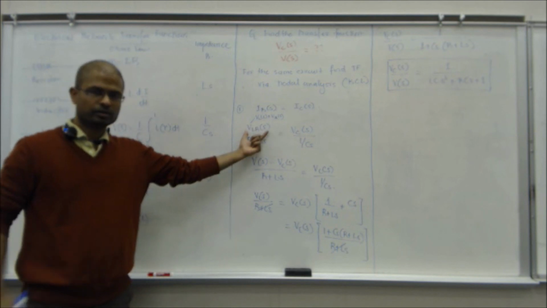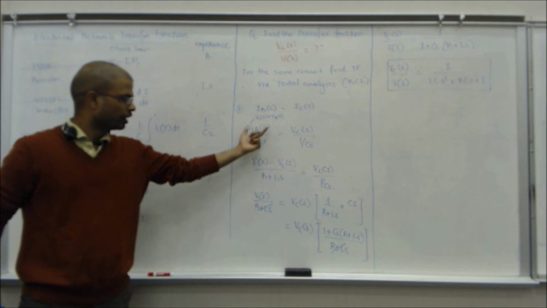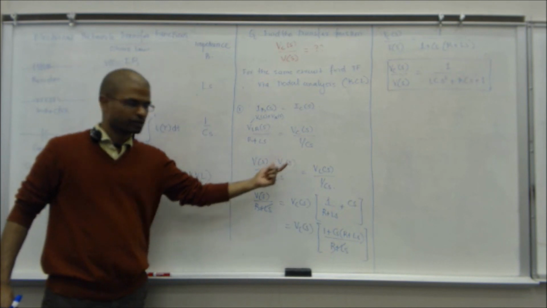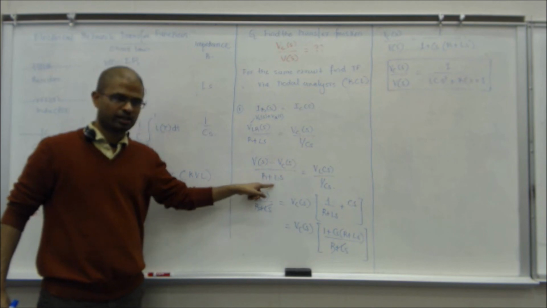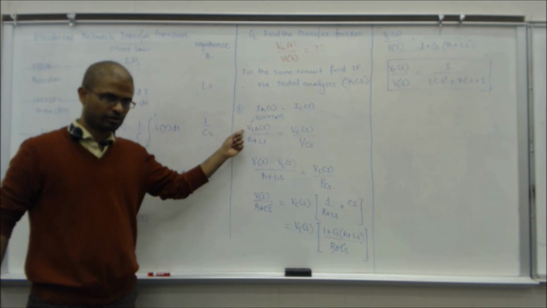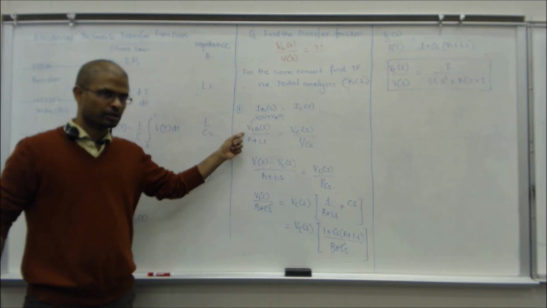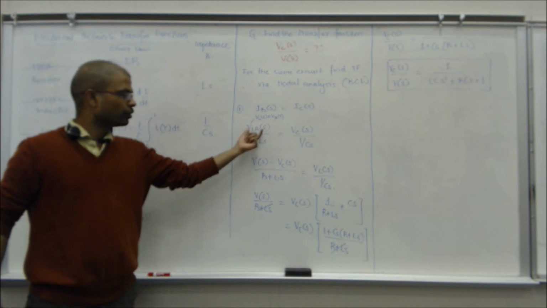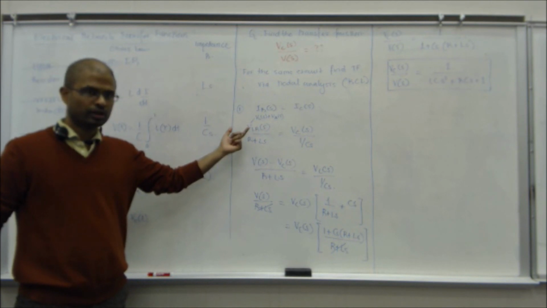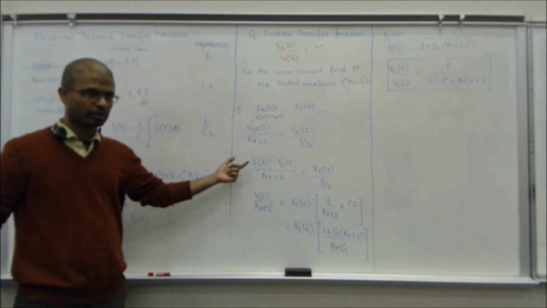And then you apply Ohm's law, okay. And once you apply Ohm's law, what are you going to get? V(S) minus VC(S) over R plus Ls. Why can't we use this? We don't know VLR(S). We are trying to develop a relationship between output and input.